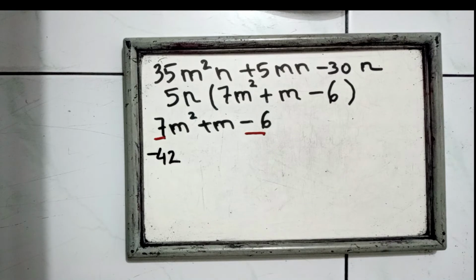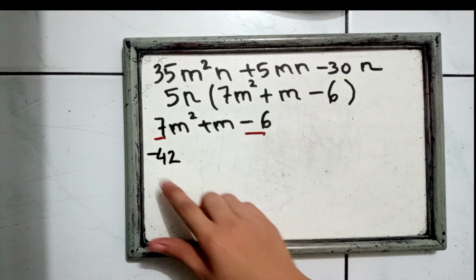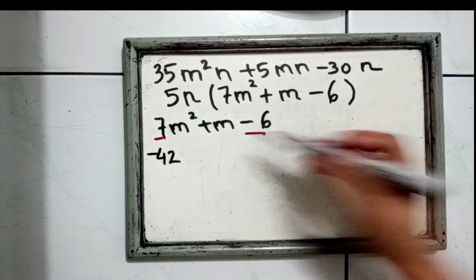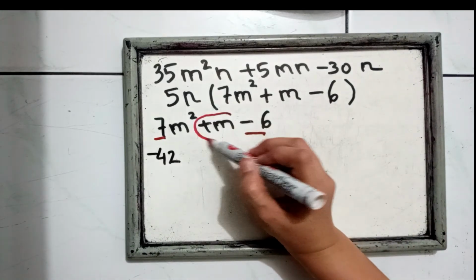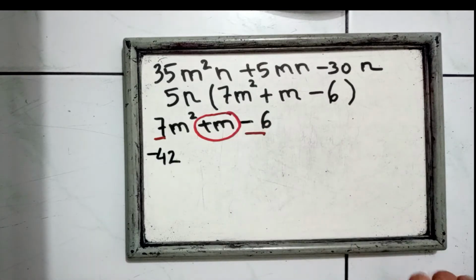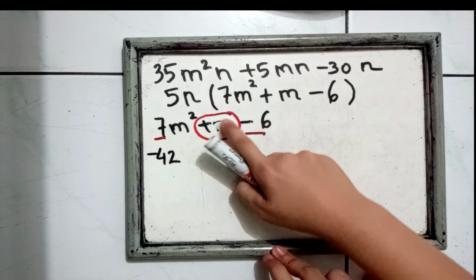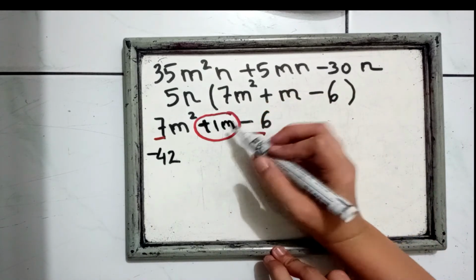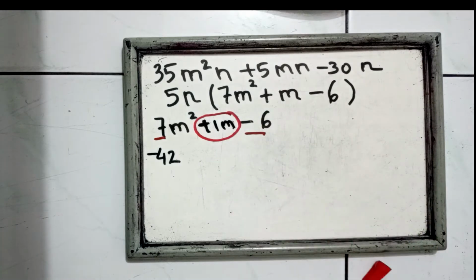When you multiply them, it will be negative 42, but when you add them, it will become, because here m, actually you can make it become 1m plus 1m. So you see the coefficient of m is 1. So when you add them, it should be 1. So let's start. Negative 42.